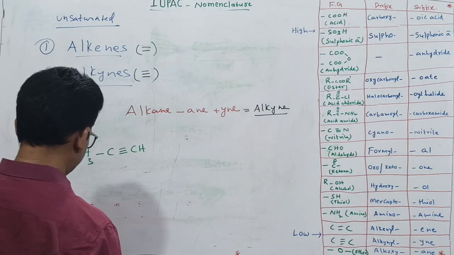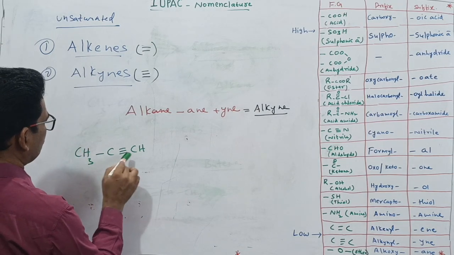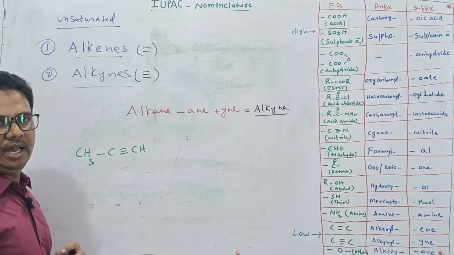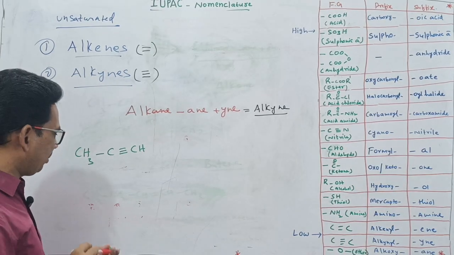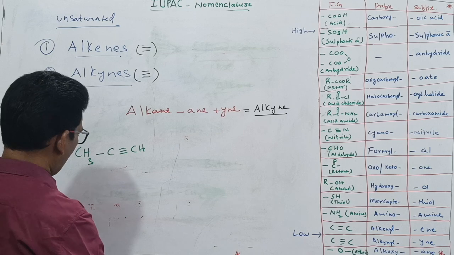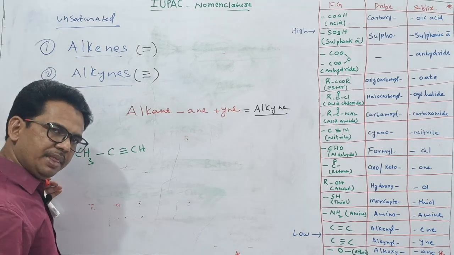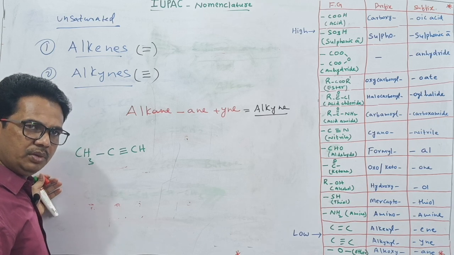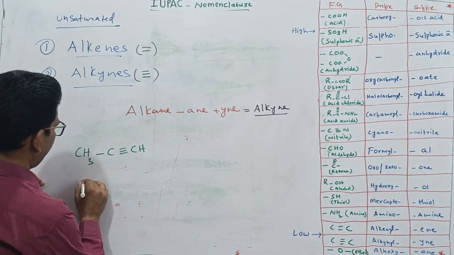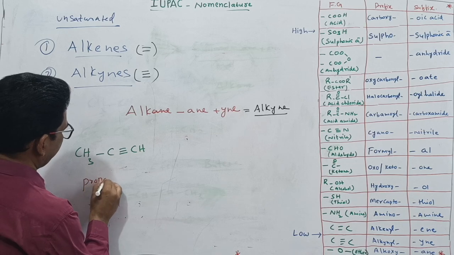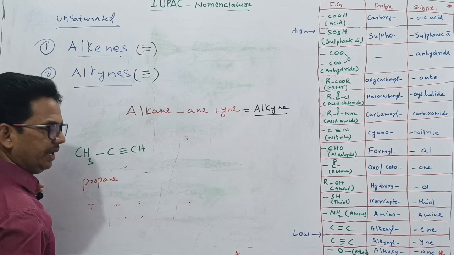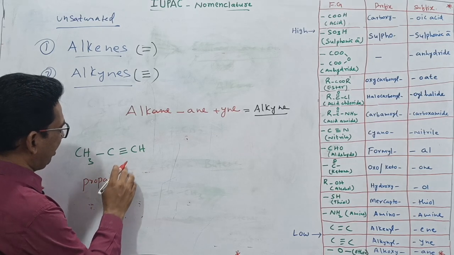Now see, how many carbons does it have? 1, 2, 3. 3 carbons. 3 carbons means what is the word root? Prop. Then what is the name for the saturated compound? Propane. Then I will write propane. But here, what is there? A triple bond is there.